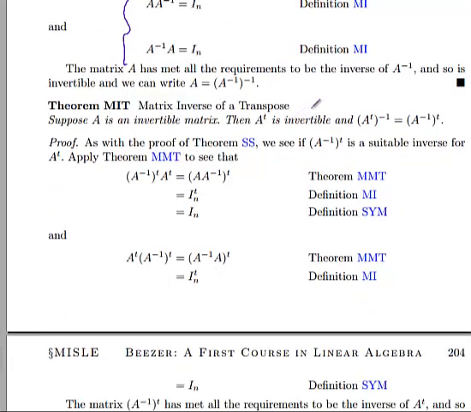It turns out that the inverse of the transpose is the transpose of the inverse. Okay. And you can follow along that proof. You use some algebraic properties of the transpose, that if I take A inverse transpose times A transpose, well, the transpose of a product is the product of transposes in reverse order.